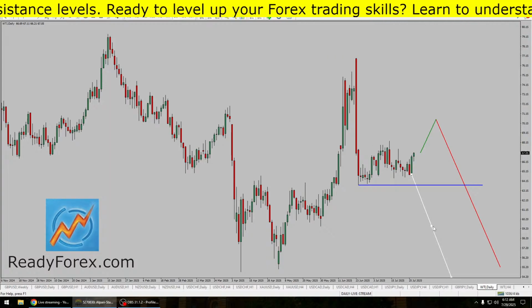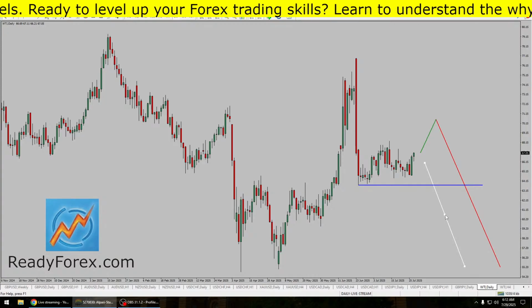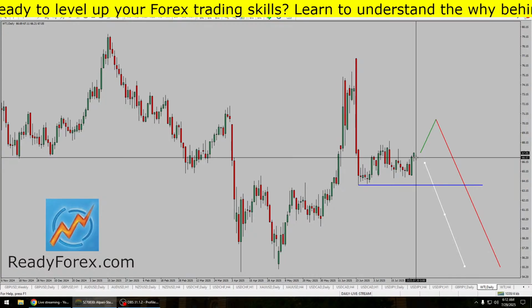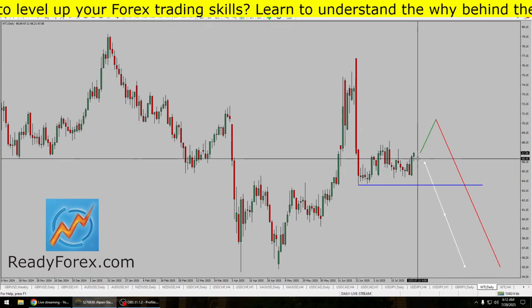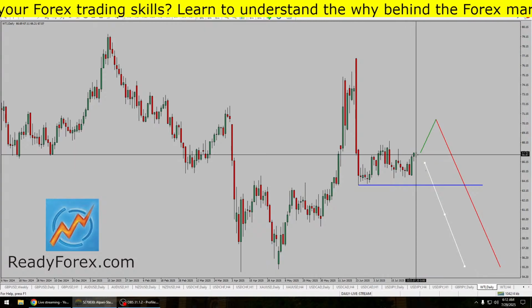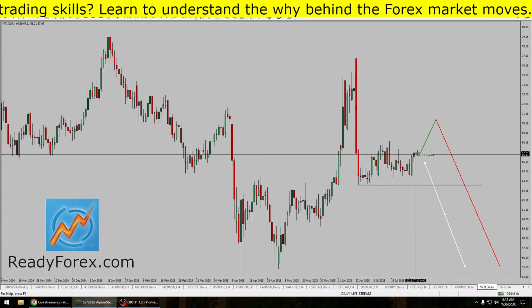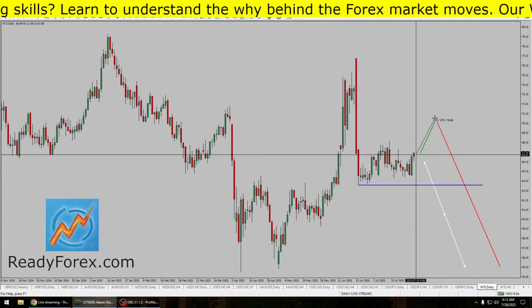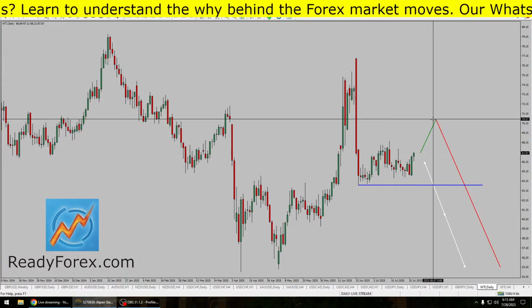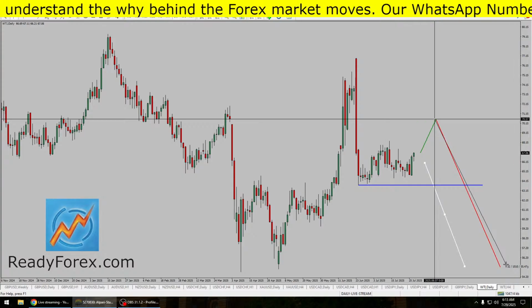There's a very slim chance that price action is going to drop from current levels, which I don't think is probably going to happen, but anything is possible in this market. So the high probability is that WTI crude oil is going to rise first, then it's going to turn around, expect a top and a drop over here.